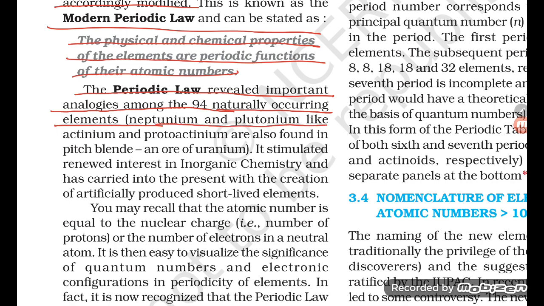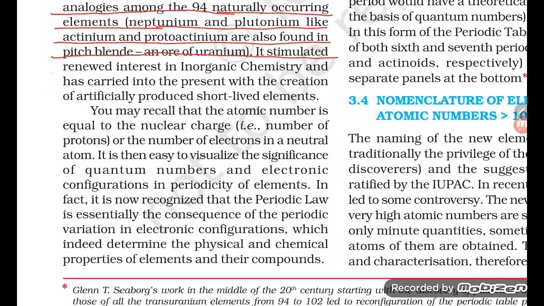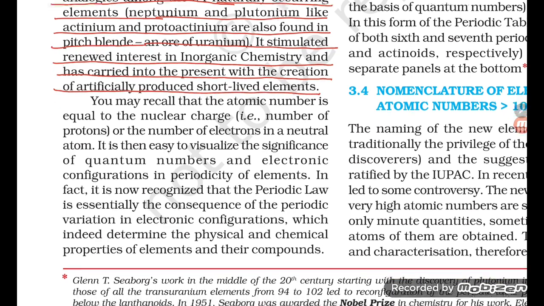Neptunium and plutonium, like actinium and protactinium, are also found in pitchblende, an ore of uranium. This stimulated renewed interest in inorganic chemistry and has carried into the present with the creation of artificially produced short-lived elements.